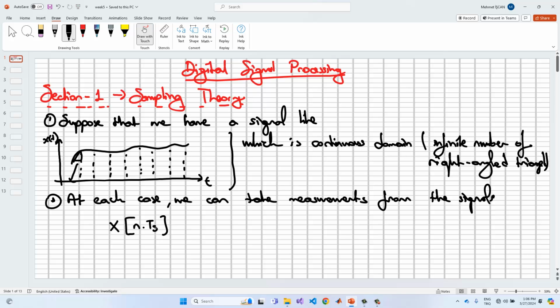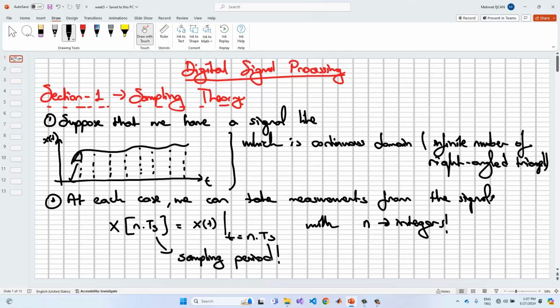Which depends on the time in here and on the index of our terms. And so x(t) can be discretized or sampled as x(nTs) at each case. And also we need to take that n is an integer, okay? And Ts is also a sampling period, right?